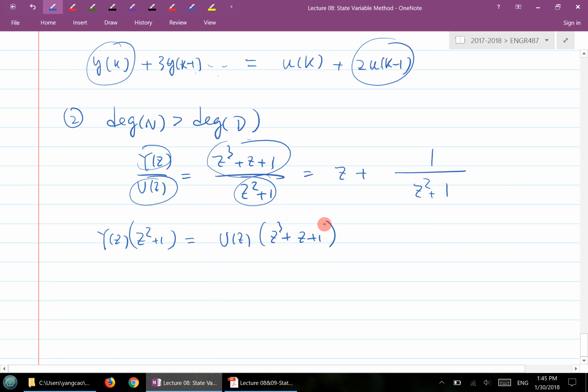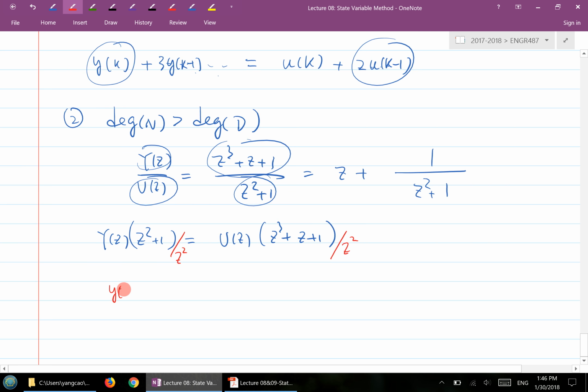Let's divide by z cubed on both sides here. Let's divide by z cubed on both sides, and divide by z, z squared here.